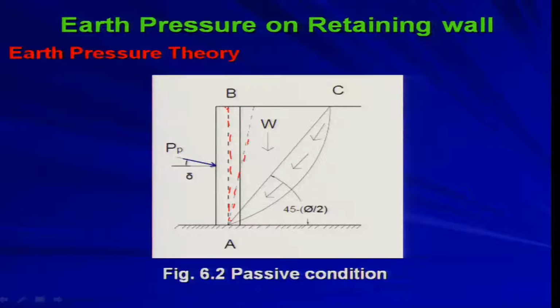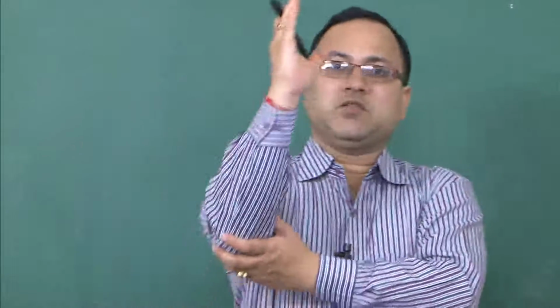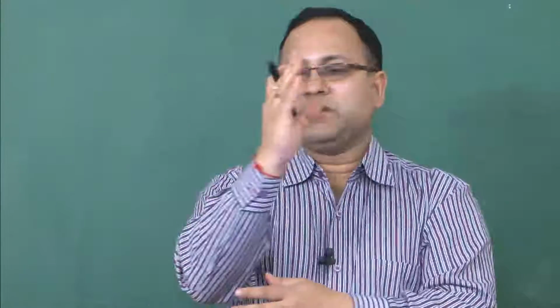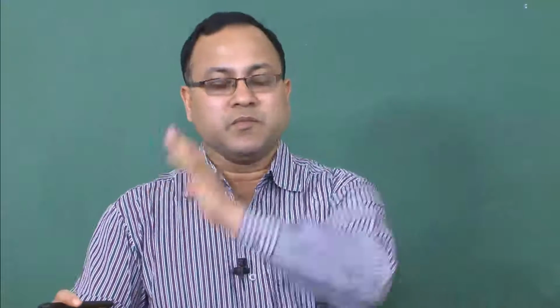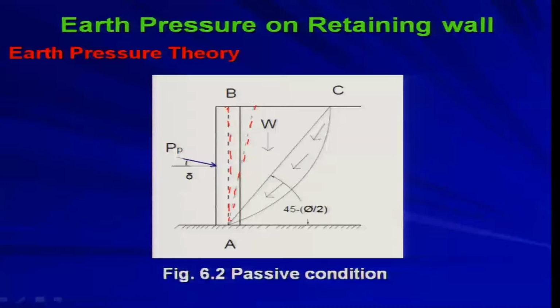You can have rotation with respect to the base, rotation with respect to the top, or complete translational movement towards the backfill, and due to that you will get the failure surface. Failure surface means that at the extreme point, when the complete shear strength is mobilized, you are on the verge of failure.